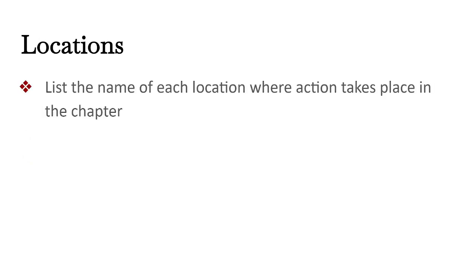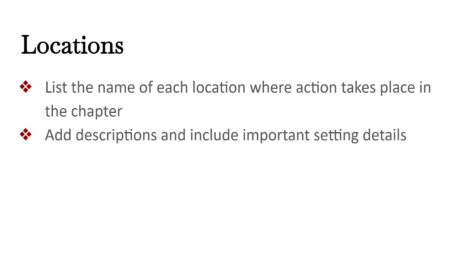The next thing I keep track of are the locations. For the locations, I like to list the name of the location where the action takes place in the chapter. So anytime that something changes, I will list that as a separate location, and I add descriptions that include important setting details.